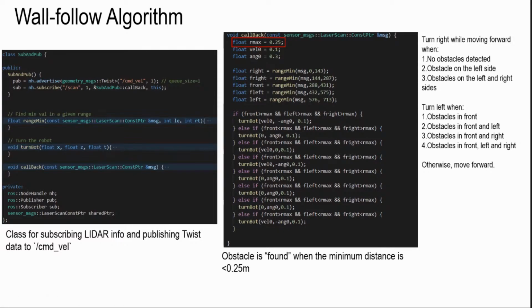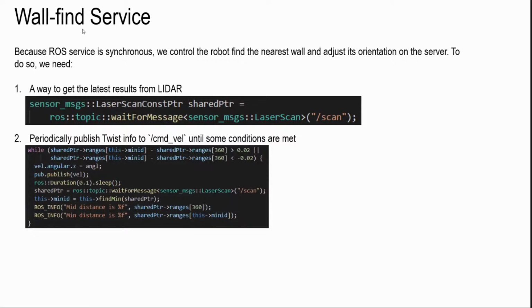And as for the service, because the wall found service is synchronous, we have to control the robot to find the nearest wall and adjust its orientation on the server before we can do something else. This is the definition of service. So we have no choice but to finish everything until the service says, okay, it's a go.